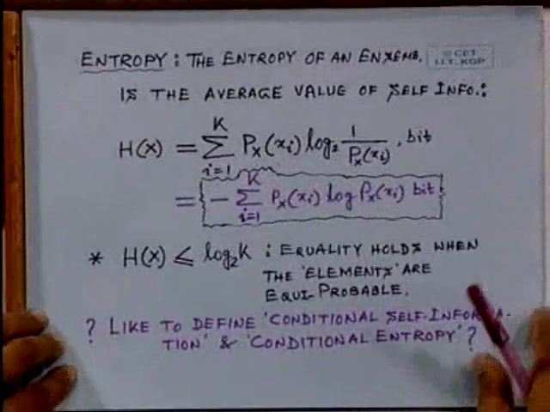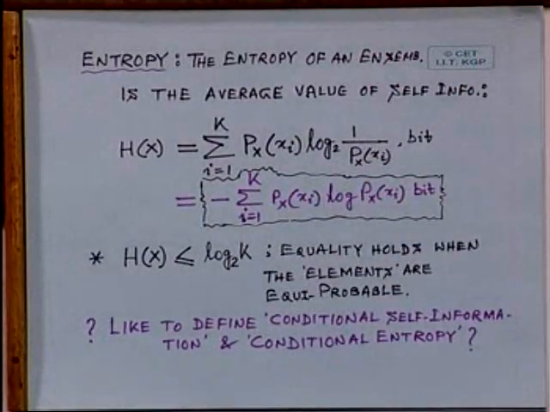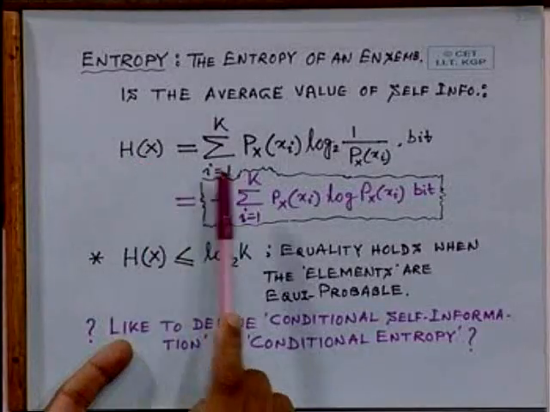Well, so we defined averaging of mutual information. Should there be some kind of parameter averaging the self information? Yes, why not? There is a parameter known as entropy. Entropy is already known to you, must have been discussed in the context of thermodynamics or some other subject. The name is derived from there only. And entropy is nothing but the averaging of the self information over its own ensemble, and hence the expression is very easy to write.